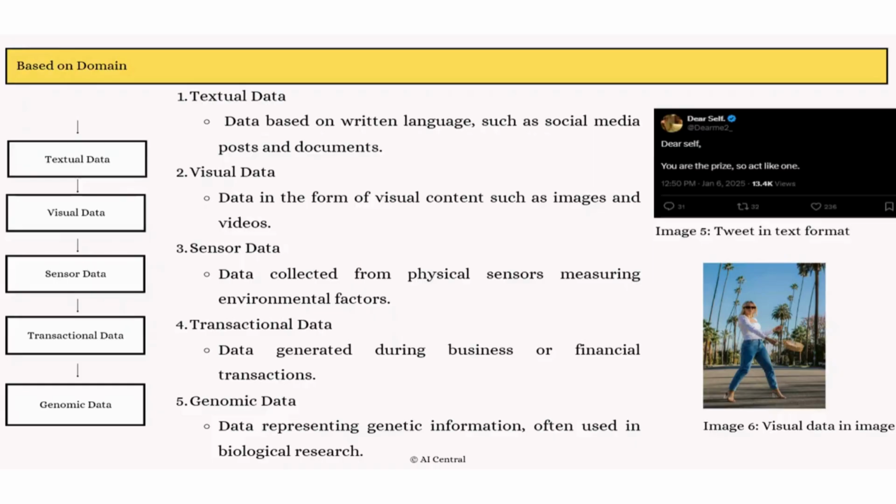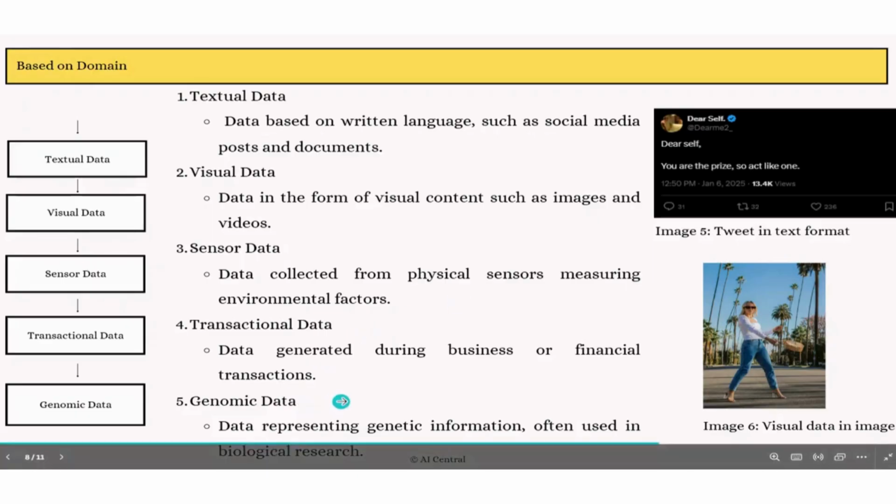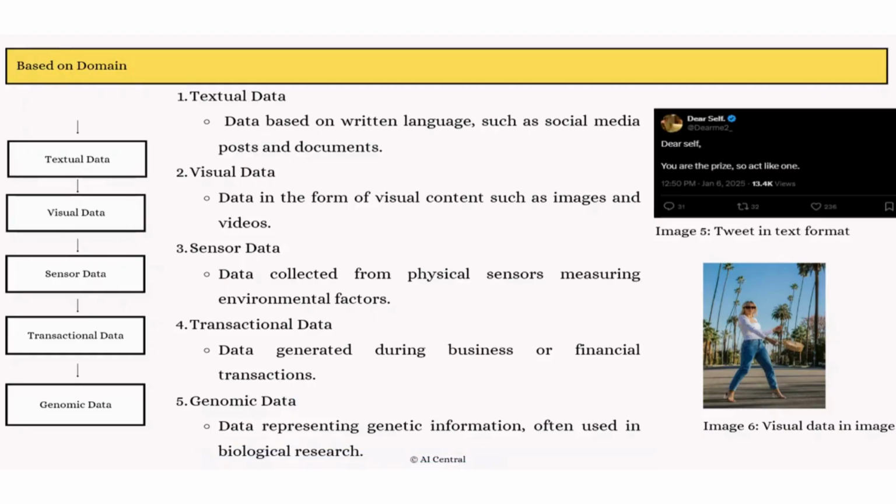So for whatever online transactions that we have done from our bank account using any UPI application or likewise, it represents the transactional data. Next is genomic data. So data representing any genetic information like say DNA, right? So it is an example of genomic data.